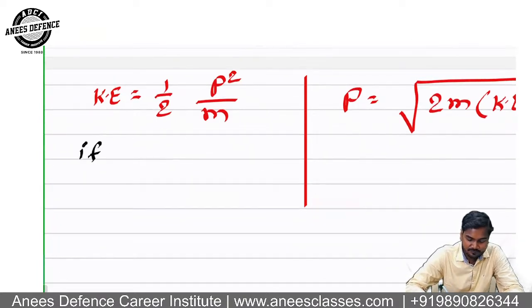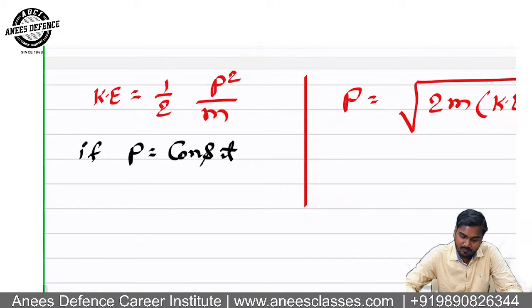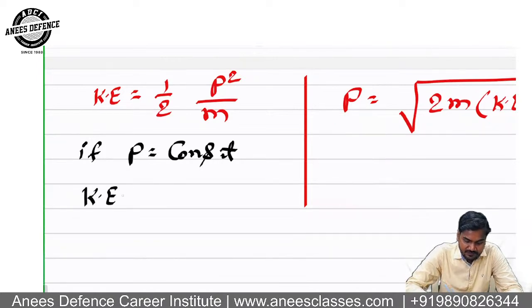If p is constant, means two objects having the same linear momentum, then kinetic energy is inversely proportional to mass.